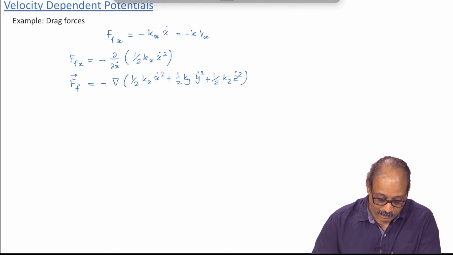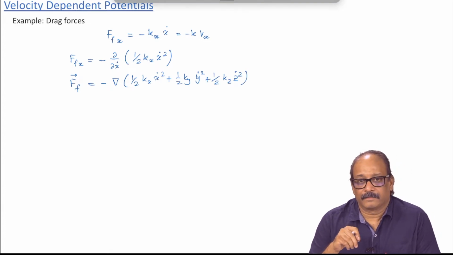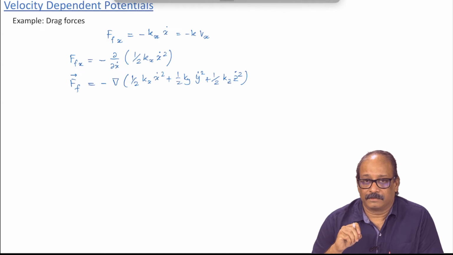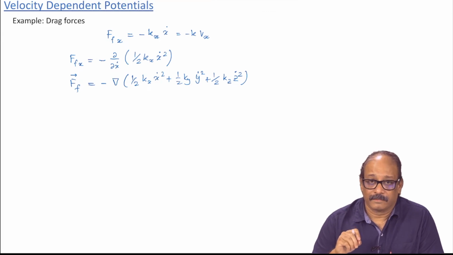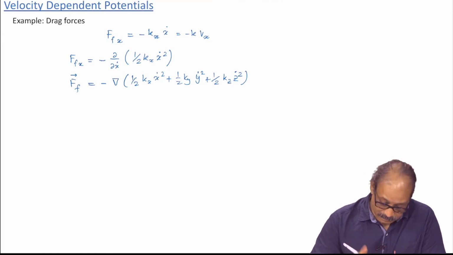kz z dot square, but the gradient is not with respect to the coordinates, but it is with respect to the velocities. Okay.